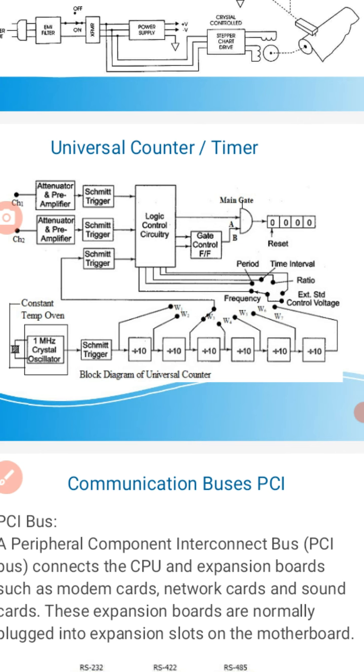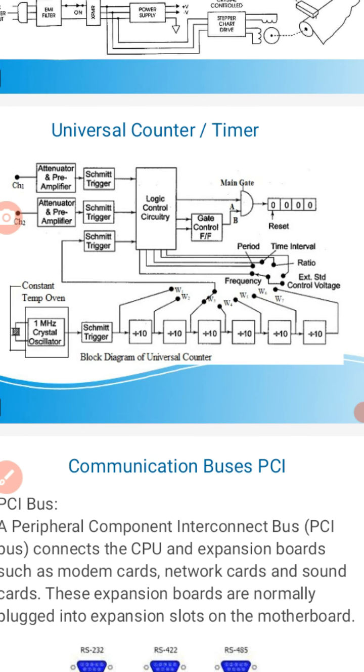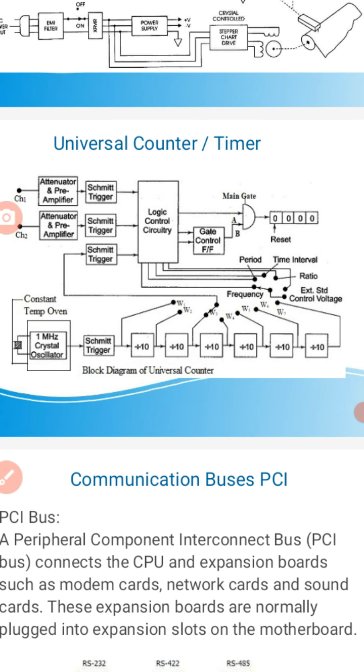The other input to the main gate is derived from the decade dividers connected through the Schmitt trigger to the clock oscillator. Now the gate will pass the trigger pulses from the divider to the decimal counter, which counts and displays. The decimal counter counts the number of pulses that occur during one period of the unknown input signal.